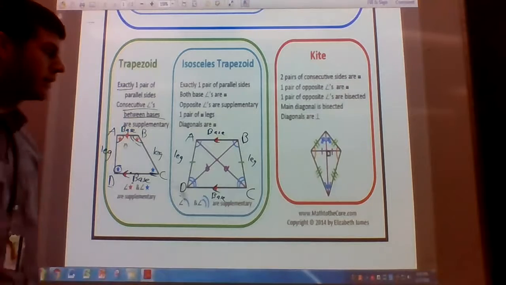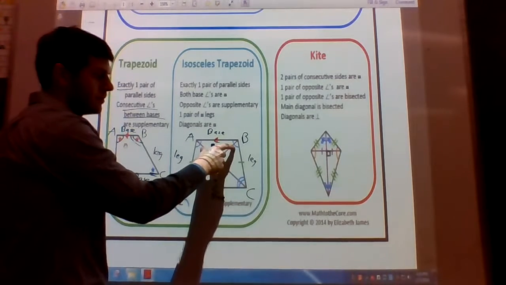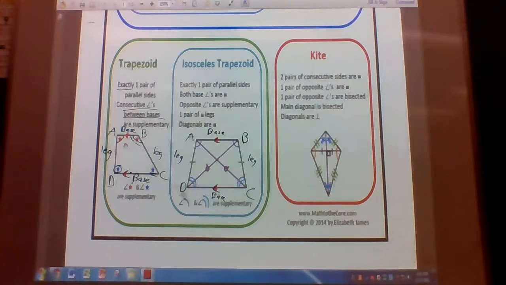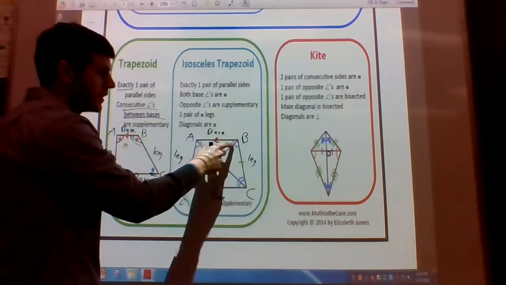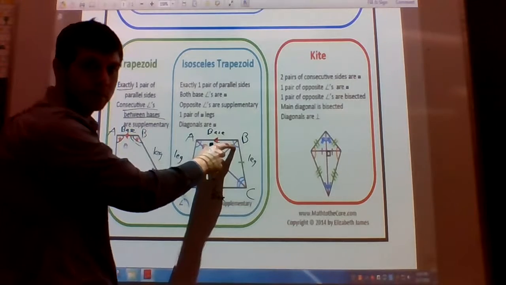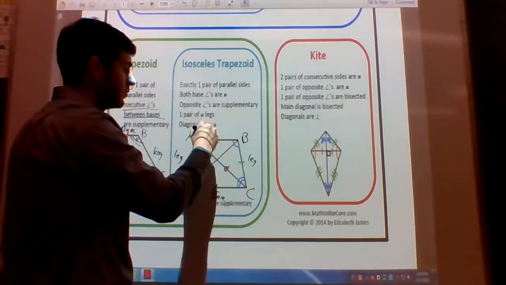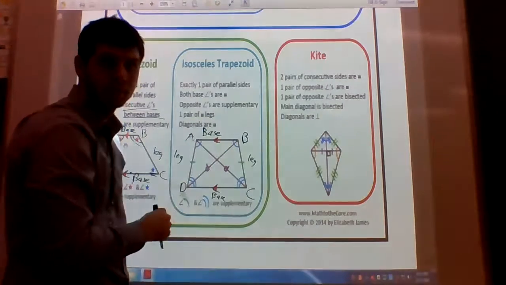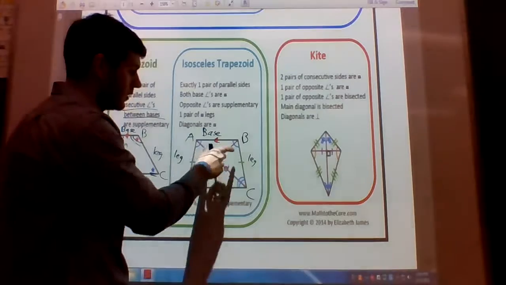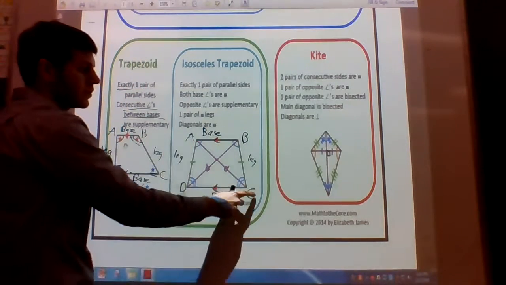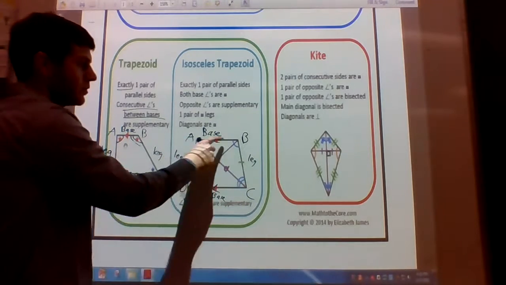The base angles are angle A and angle B, and the other base angles are angle C and angle D. This is one set of base angles, A and B, because they are both on the first base, AB. CD is the other set of base angles. So we know base angles are congruent: angle D is congruent to angle C, and angle A is congruent to angle B.